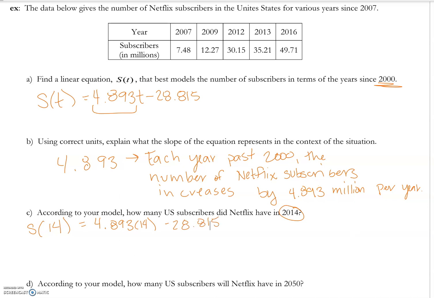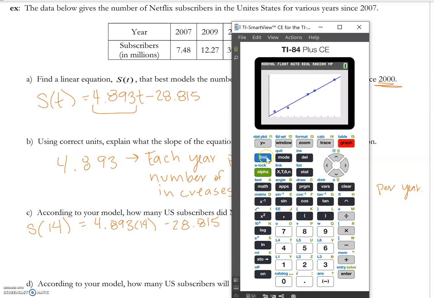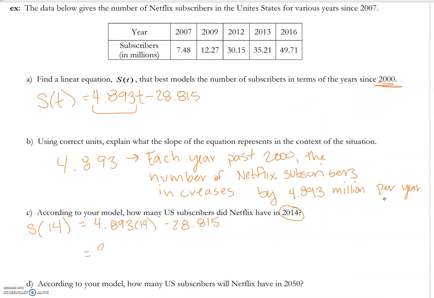Okay, so if I wanted to use my calculator, I totally could by hitting second trace, number 1 for value, and then typing in 14. And I get 39.68. We're going to round that number to 6. And let's put a unit on this. This is million subscribers.